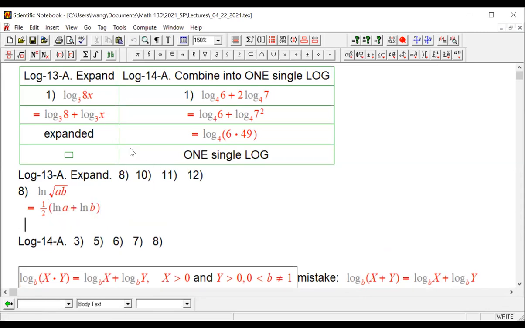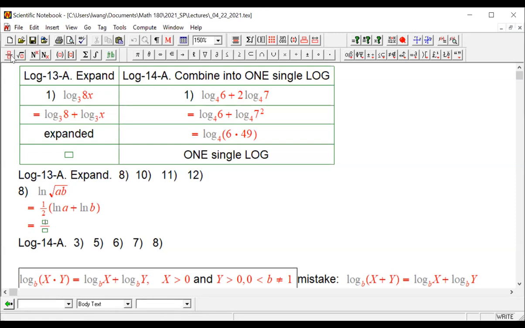Because we're asking to expand, the final result is preferred. You know what I mean? If you get to this place, it shows that you've used the product rule and power rule properly.